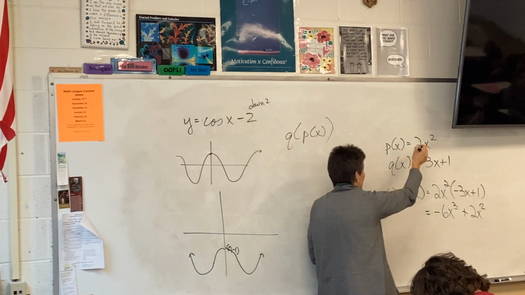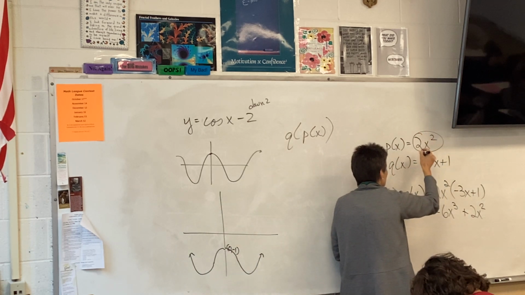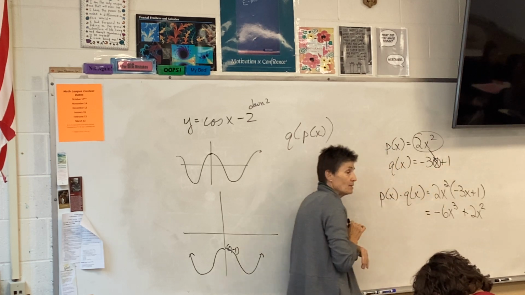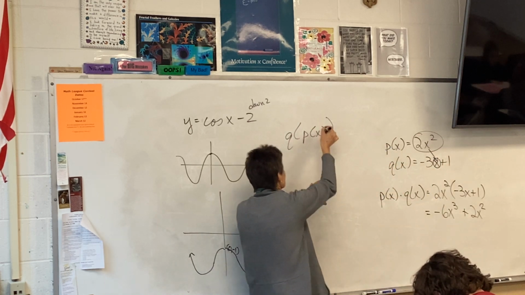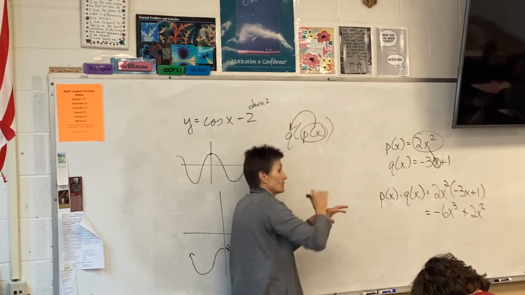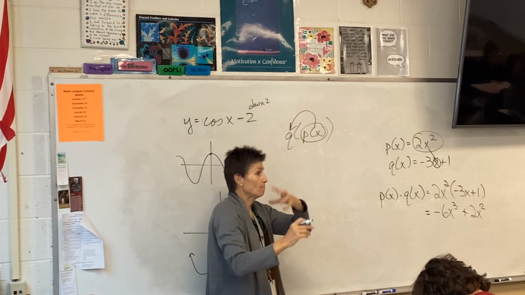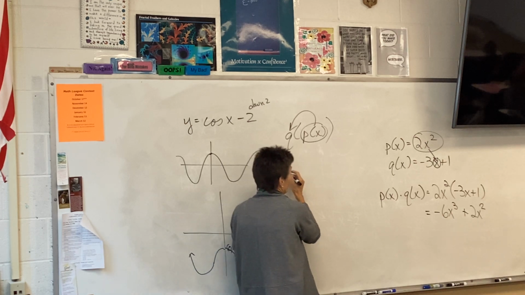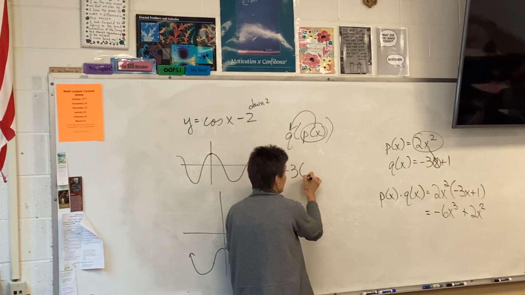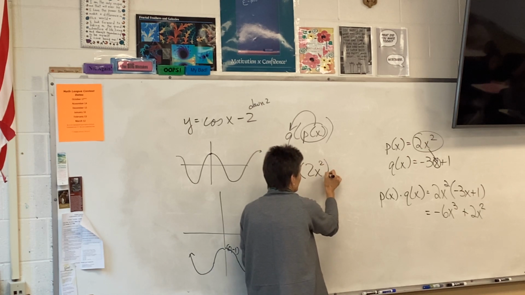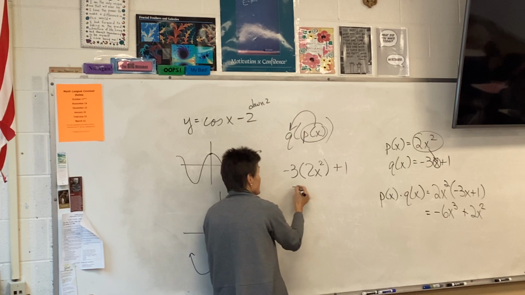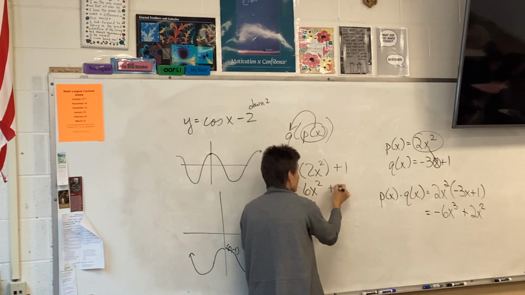So here's my P equation, and I'm gonna plug it in right here into Q. So we're physically taking P, the whole P, and putting it into Q. So what will we have? Negative 3 times 2x squared, plus 1, which is negative 6x squared, plus 1.